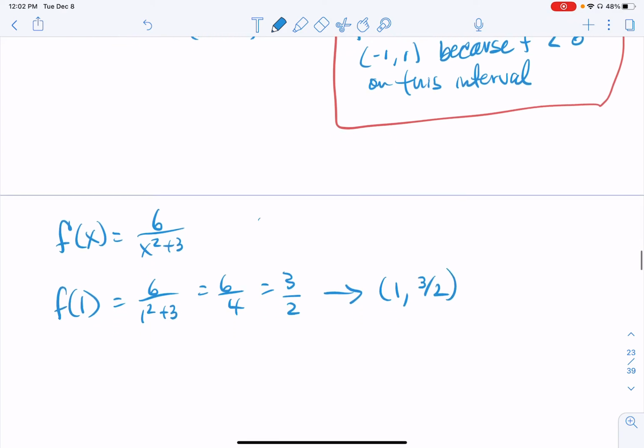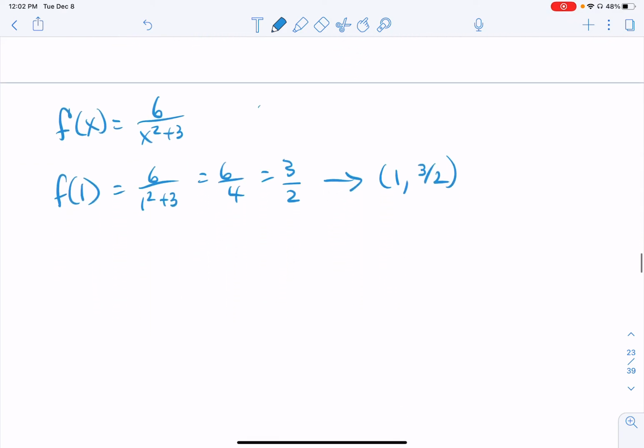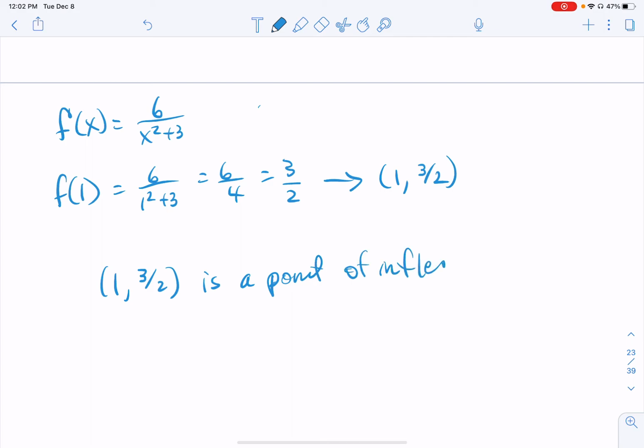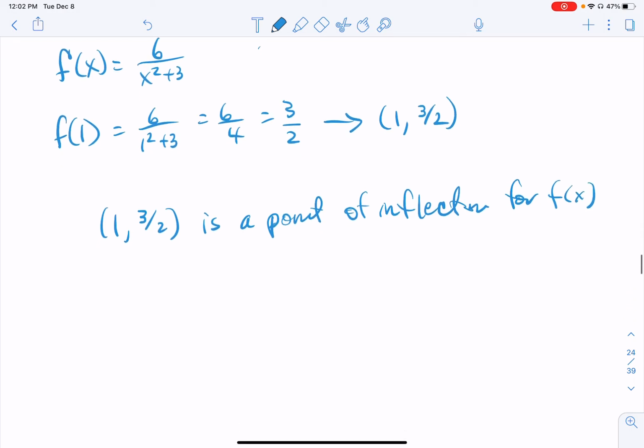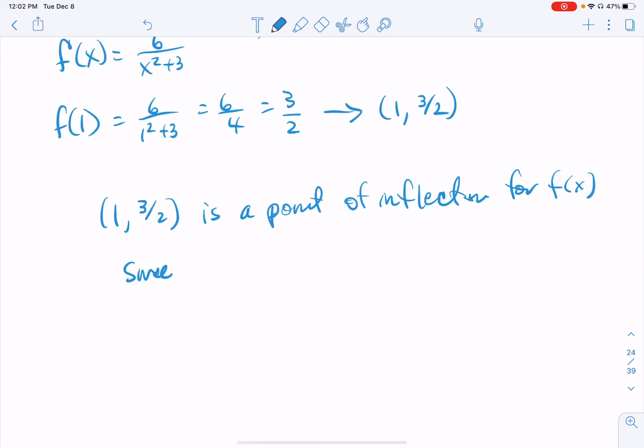All right, so let's say that I had to justify that this was a point of inflection of my graph. So I'm going to say 1 comma 3 over 2 is a point of inflection for f of x since f double prime of 1 was equal to 0, and I can say a couple of different things.